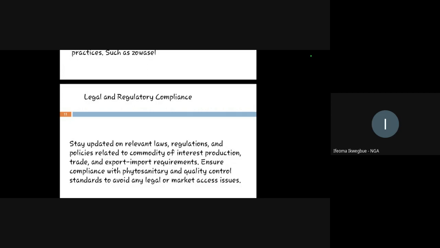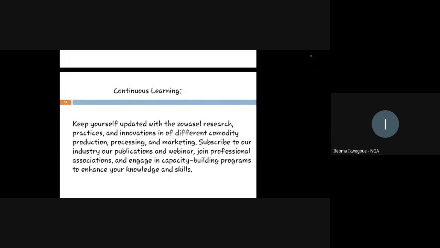Most of those compliances have to do with phytosanitary certificate, quality standard, and to avoid legal and market access crisis.